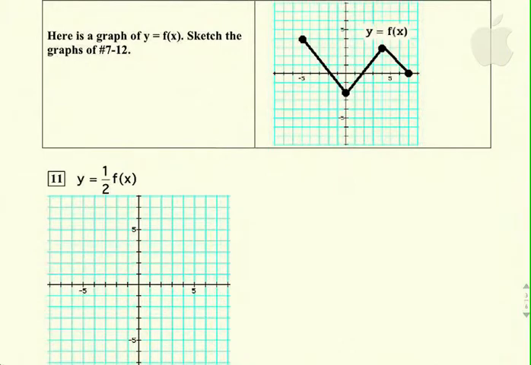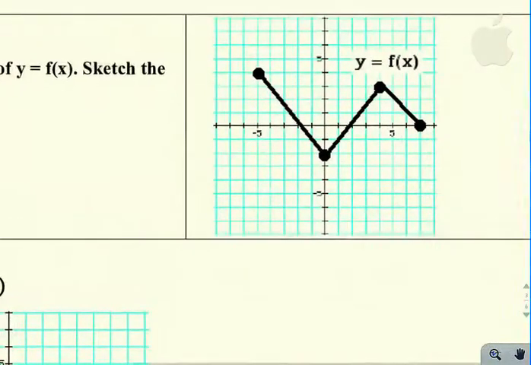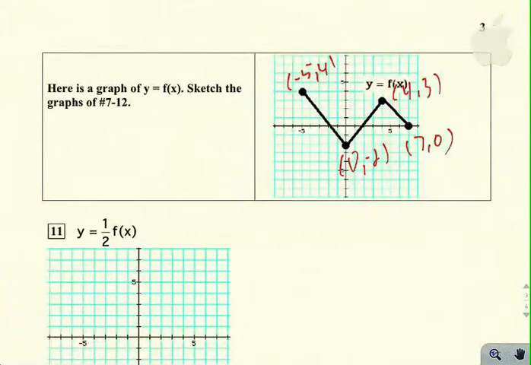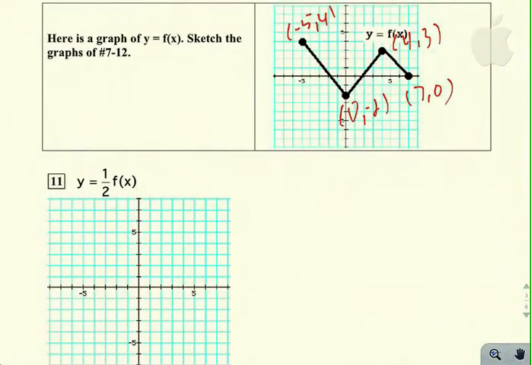Number 11. We need those points back. Negative 5 comma 4, 0 comma negative 2, 4 comma 3, 7 comma 0. So what's happening in number 11? All the y's are multiplied by a half.